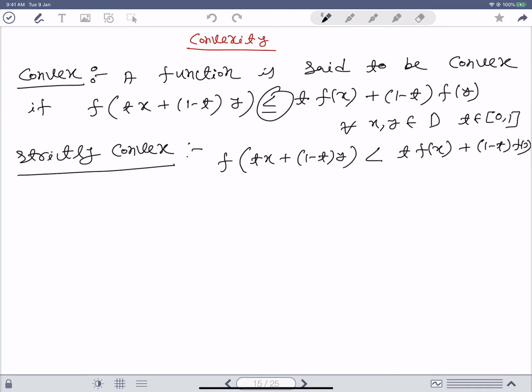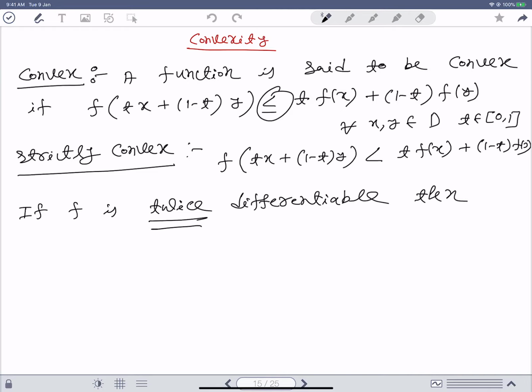So first of all, if f is twice differentiable, remember that twice differentiable, then you have a few results. So you have to remember this.